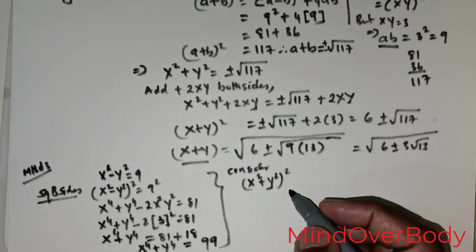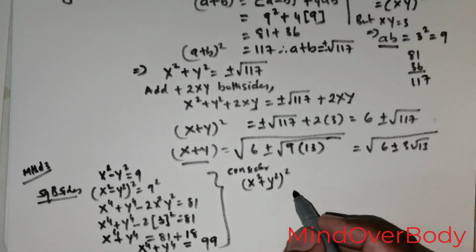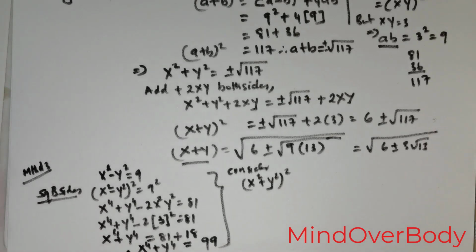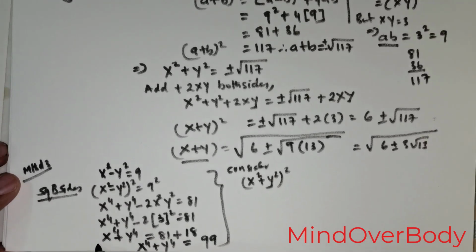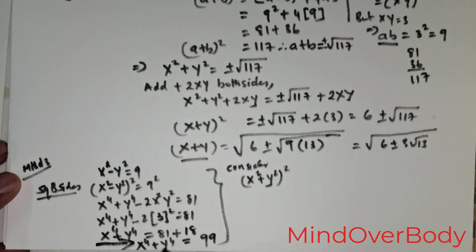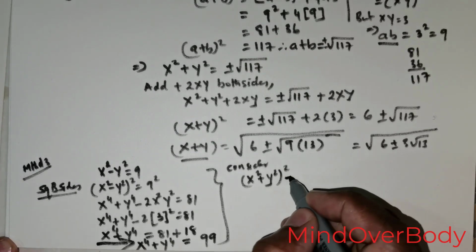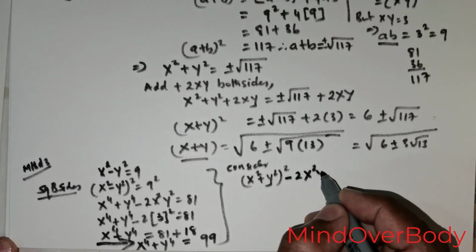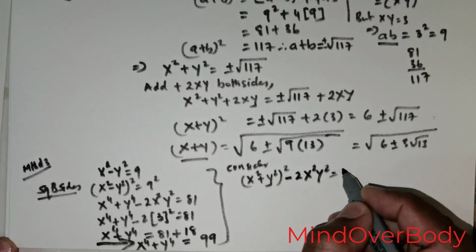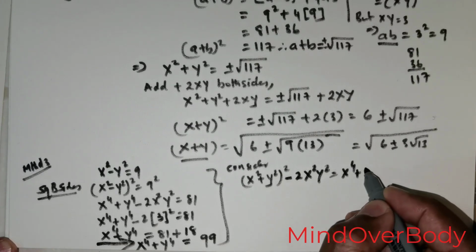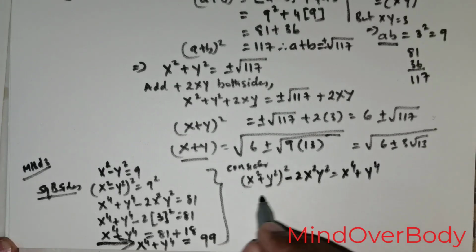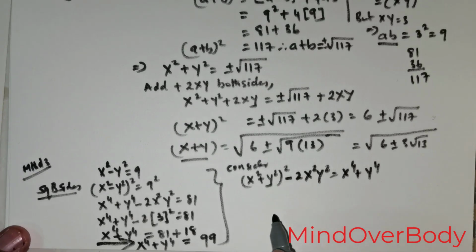Now why am I saying negative 2 times x squared y squared? Because I would want to use this value which I just got here. So I'm going to rewrite this quantity as x squared positive y squared raised to the power 2 negative 2 times x squared y squared. Now what is this? This is nothing but x to the power 4 positive y to the power 4. This is what the entire system is.